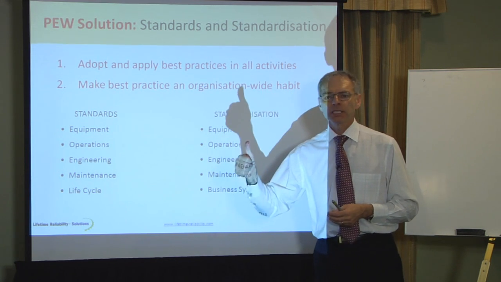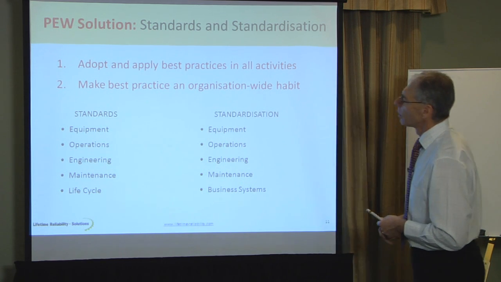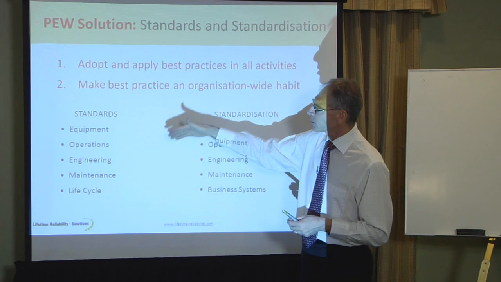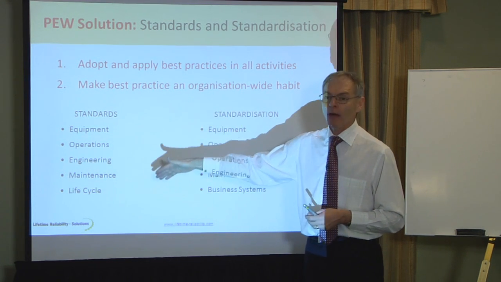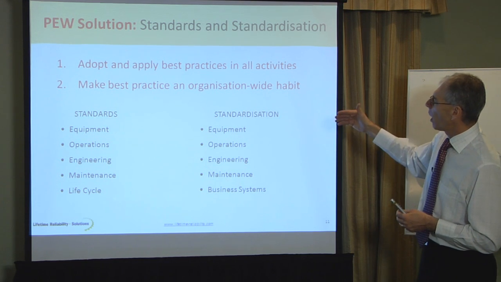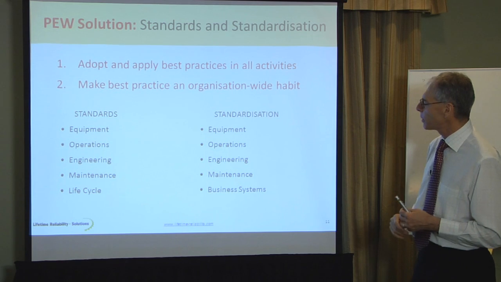So I've got the right processes, I've got the right inputs, I must have the right outputs. So we're going to have standards for equipment, for operating practices, for engineering across the life cycle, for maintenance, and for the life cycle business as well. And we're going to standardise across the business for equipment, operations, engineering, maintenance, and business systems.